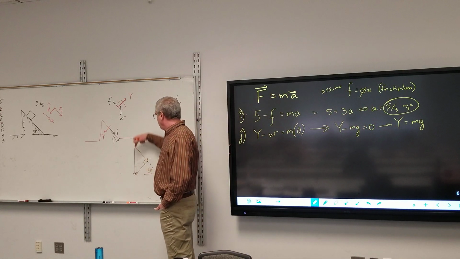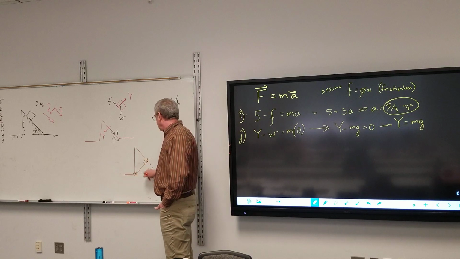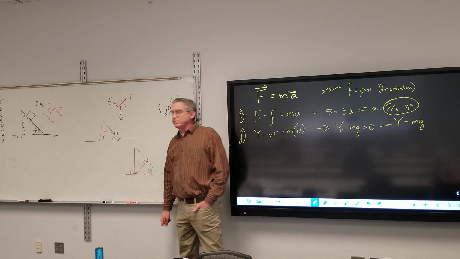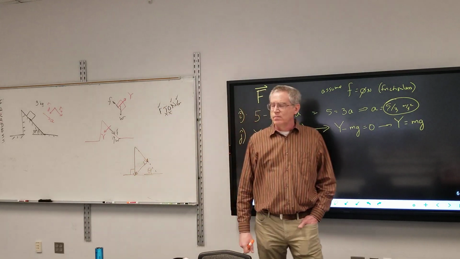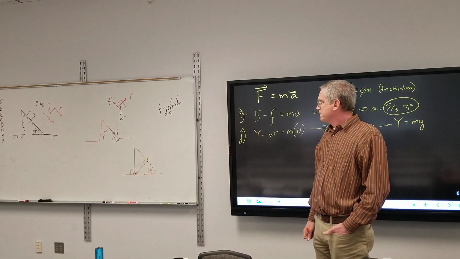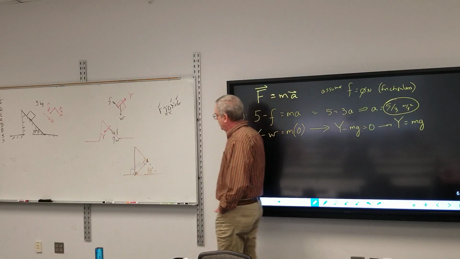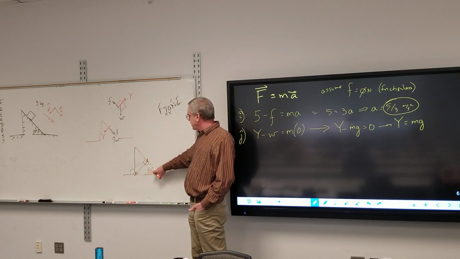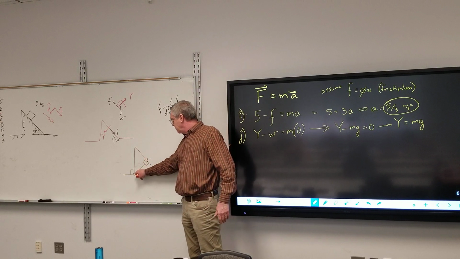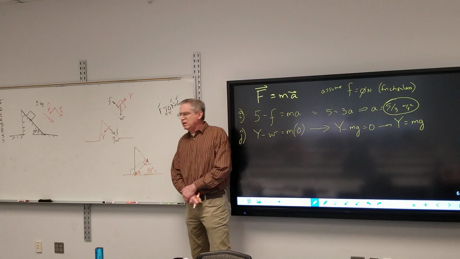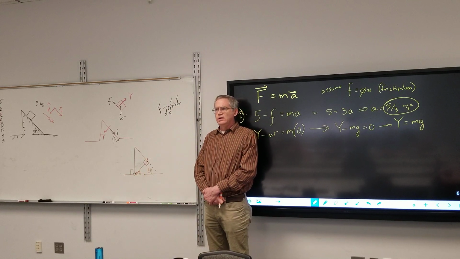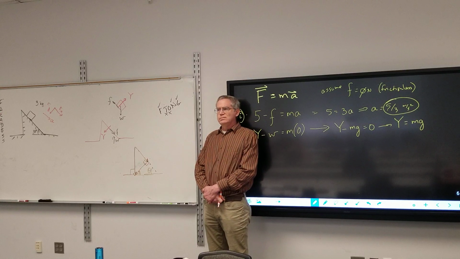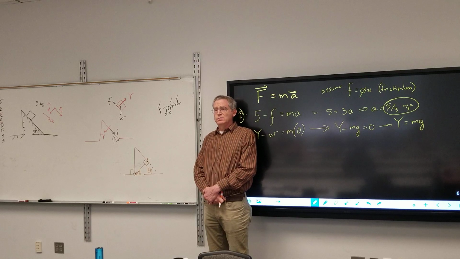I know that weight is acting straight down, so that is a right angle right there. Right angle right there. So if this is 37 degrees here in this corner, what is this angle? Or how would you find it?